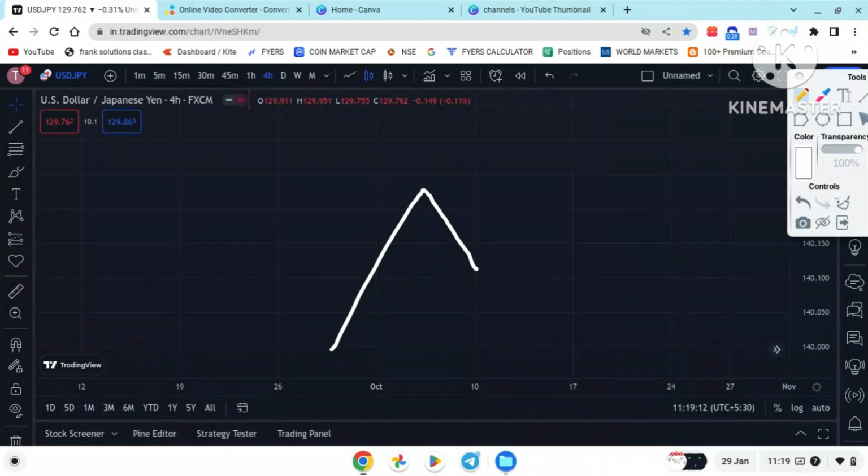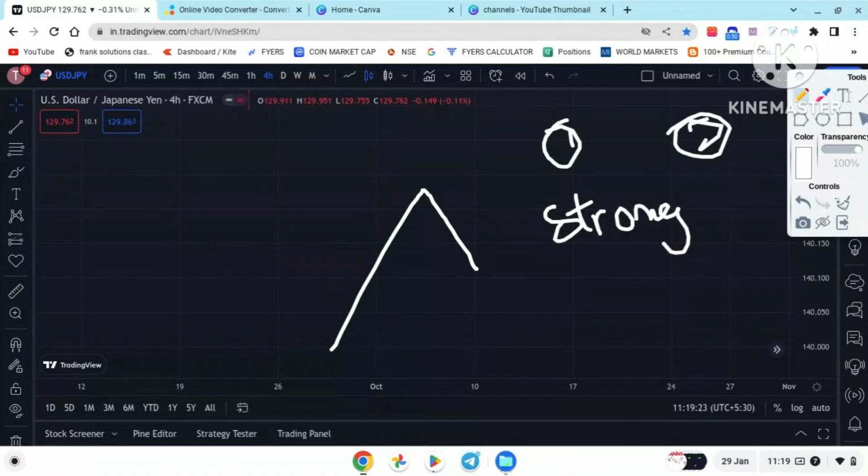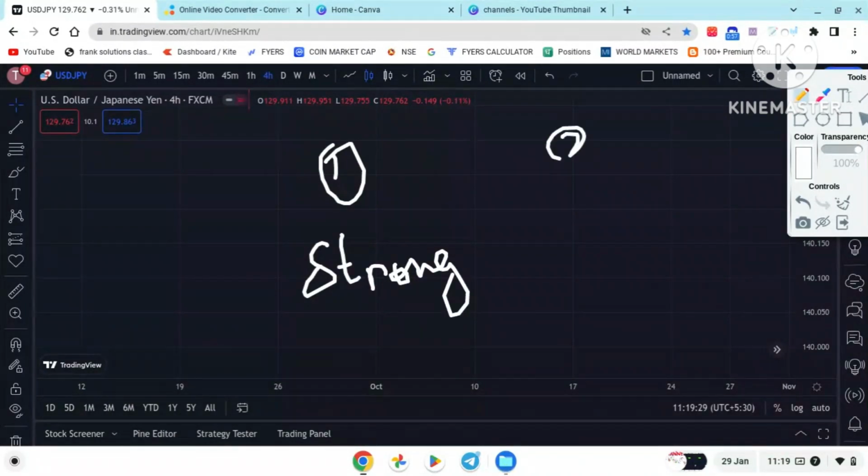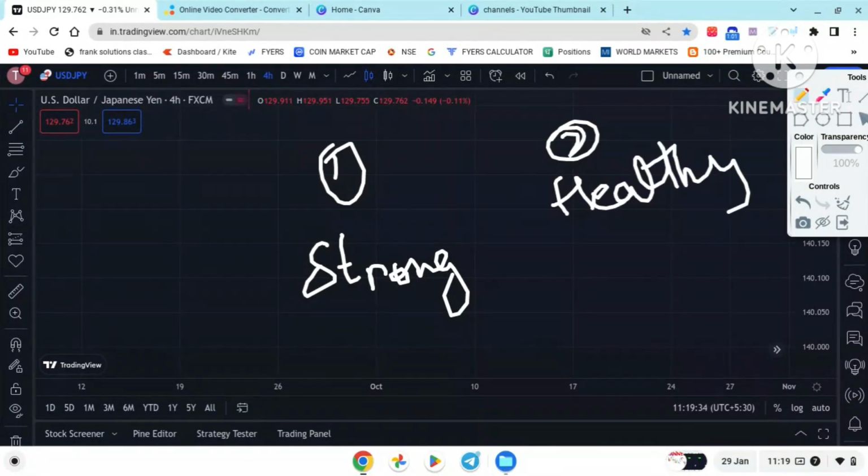There are two types of pullback. We call one a strong pullback, and the other a healthy pullback. In a strong pullback, the market retraces after a trend, but not more than 30%, and then it goes up.